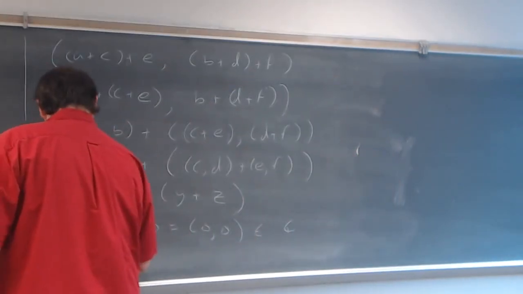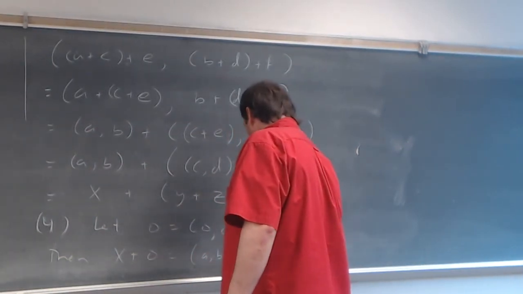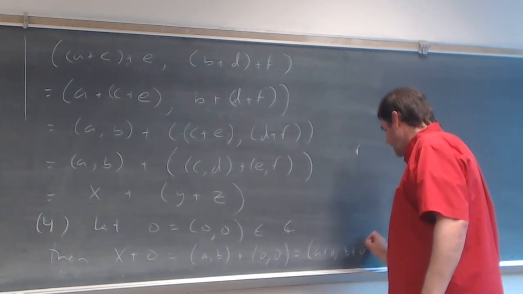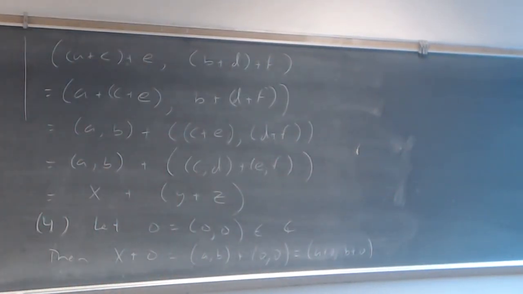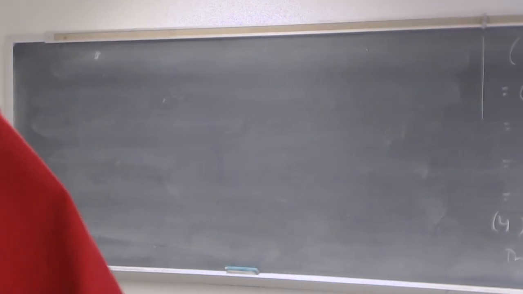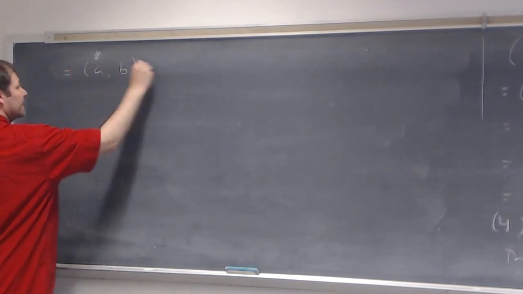Then x plus 0 is equal to (a, b) plus (0, 0), which is equal to (a plus 0, b plus 0), and then a plus 0 as the first coordinate is just a, and b, which is equal to x.